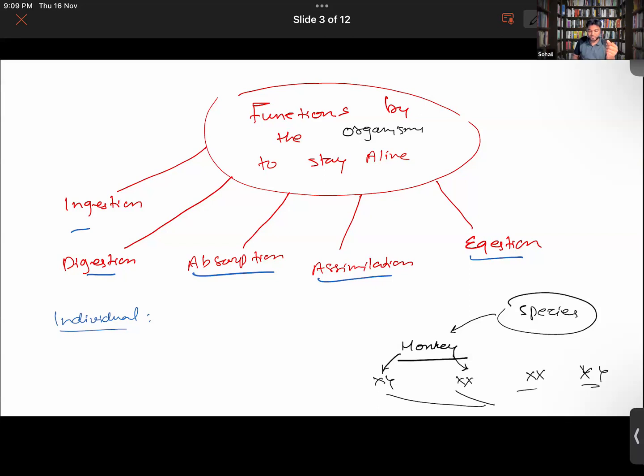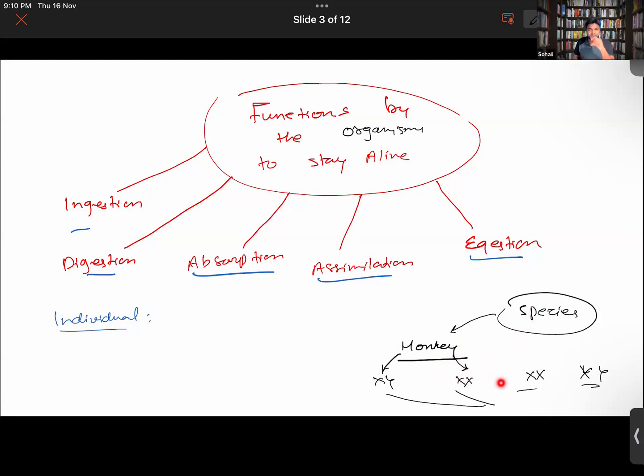These are the chromosomes, XY chromosomes. That is another thing, we will get to that. So a species is a very large group of organisms in which any two individuals of opposite genders can mate and give birth to a new offspring.